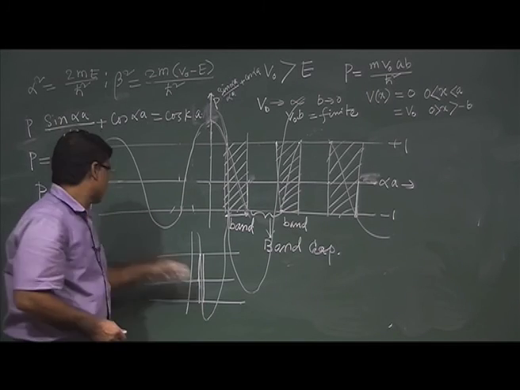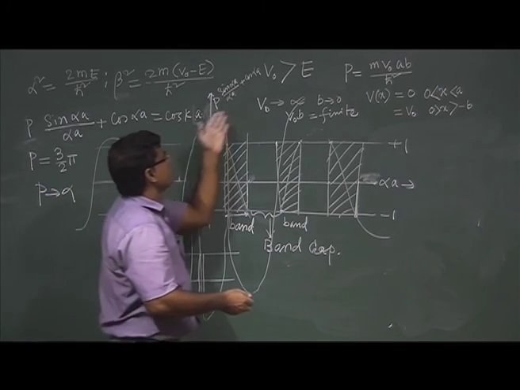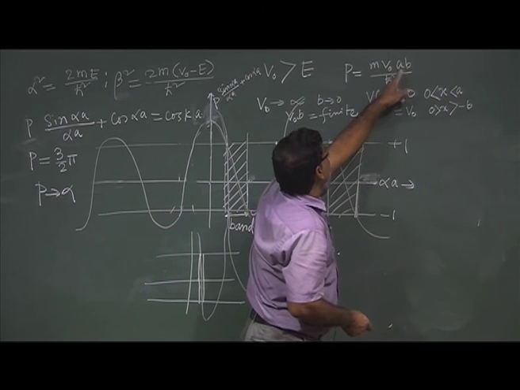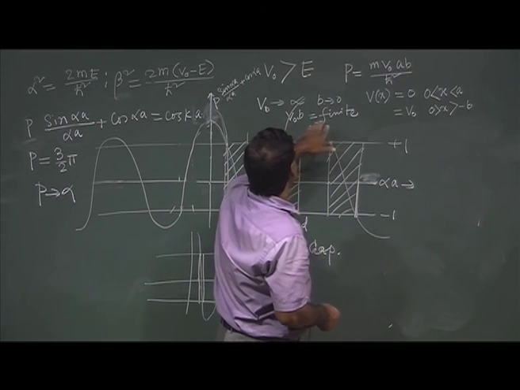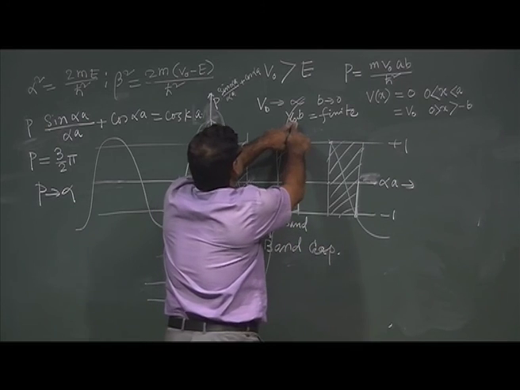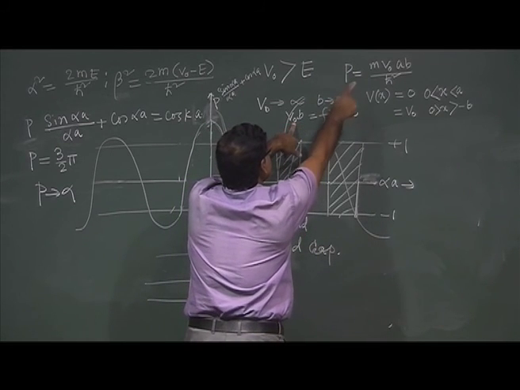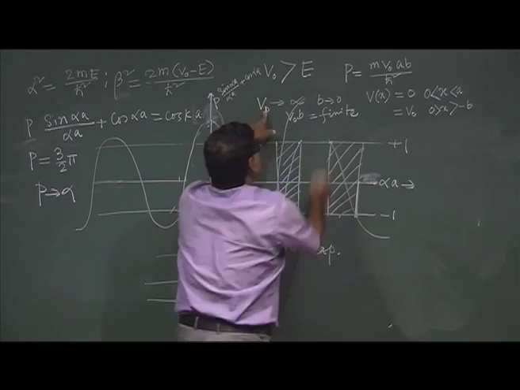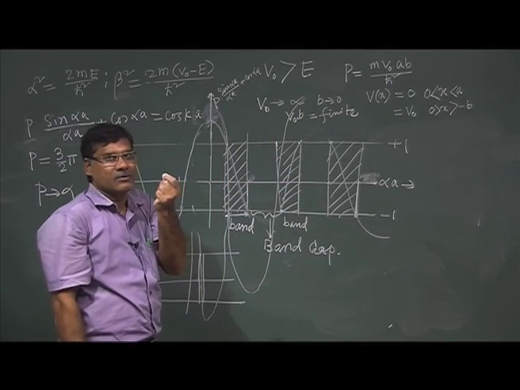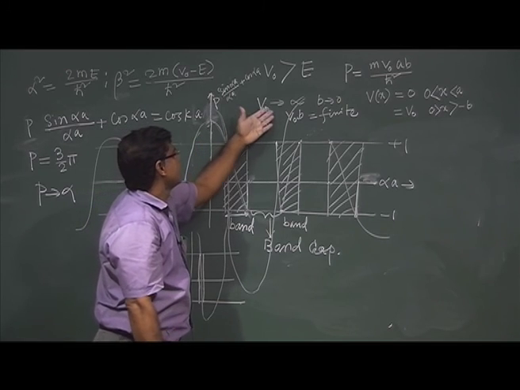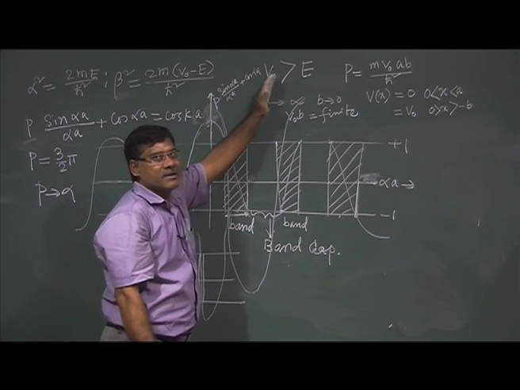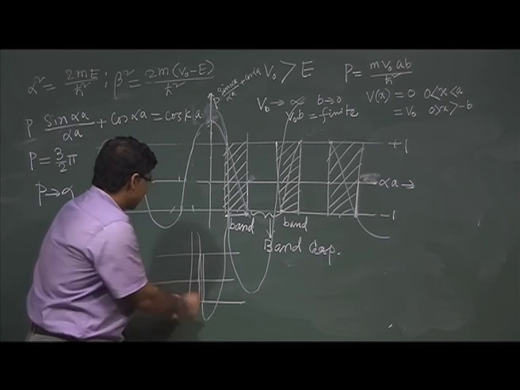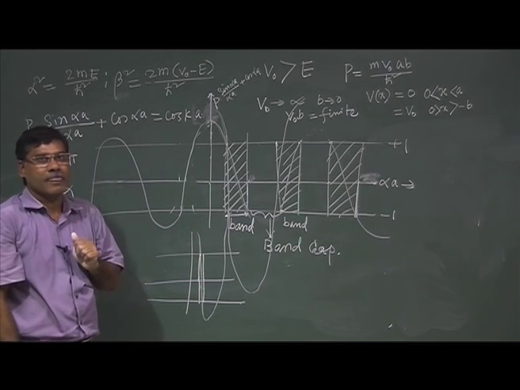Okay. So, P tends to infinity means V0 is high and the barrier width b tends to 0 and V0 tends to infinity. So, it has a finite value, but what is happening? I will get just one line, right.